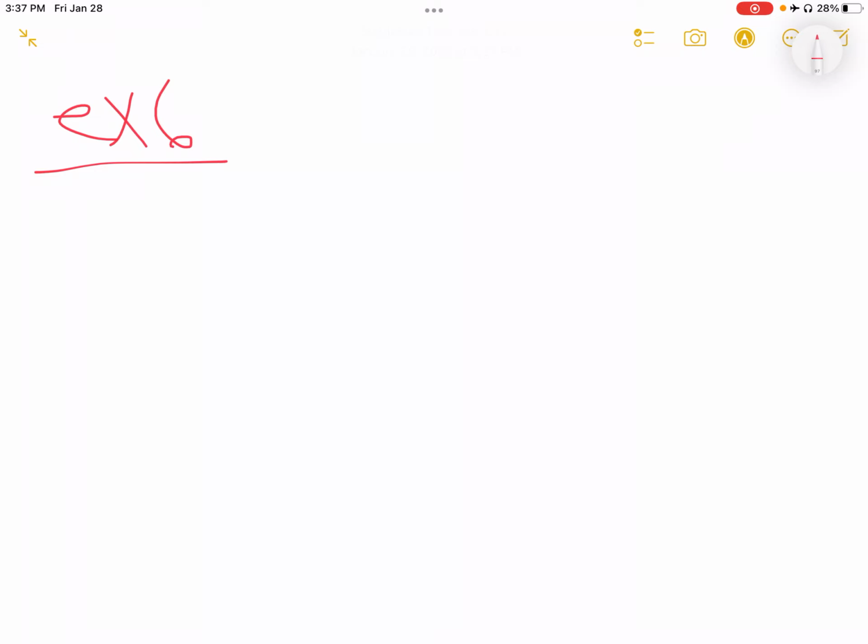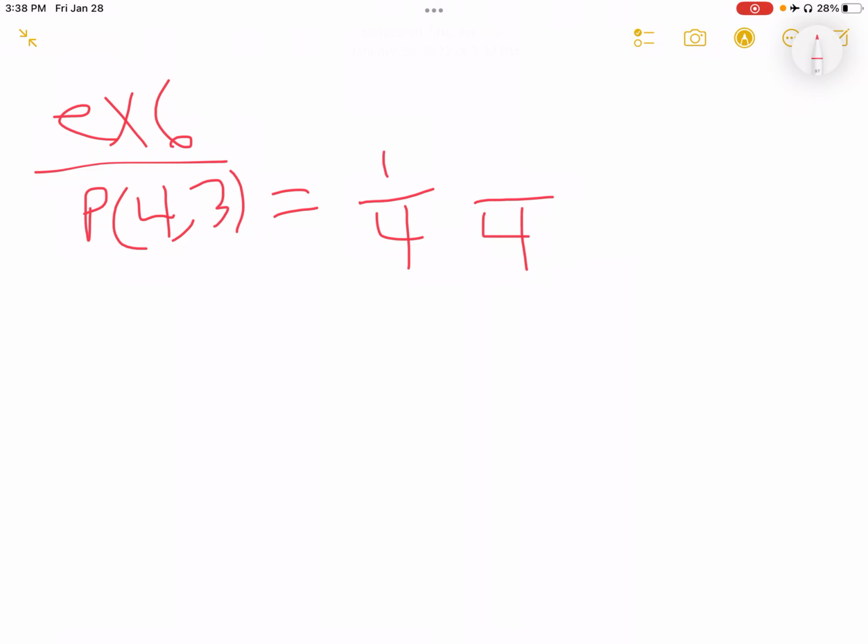And they asked what is the probability of rolling a 4 and then rolling a 3. Okay, so we only have 4 options, right? So we know that each time we have four options, and the chance of getting each one of these each time is just 1 over 4. So we have 1 over 4 times 1 over 4, so we just have 1 over 16 for that.